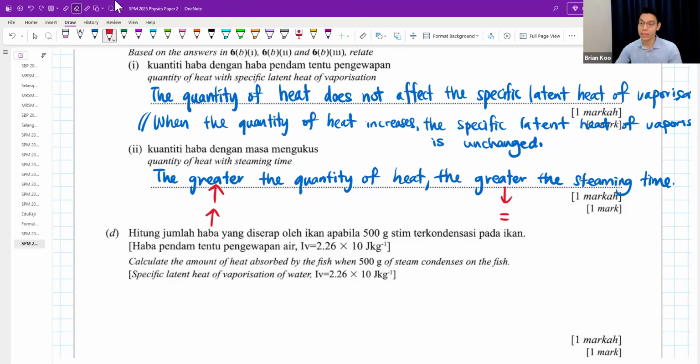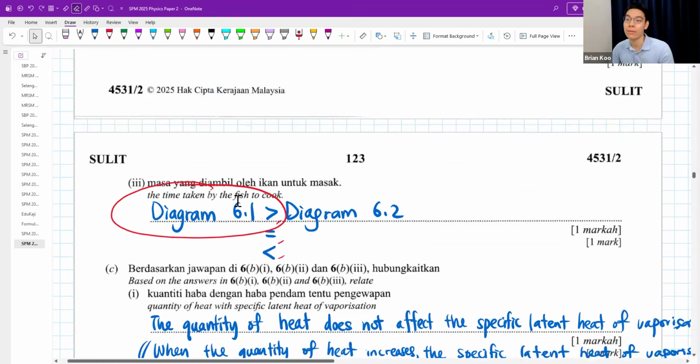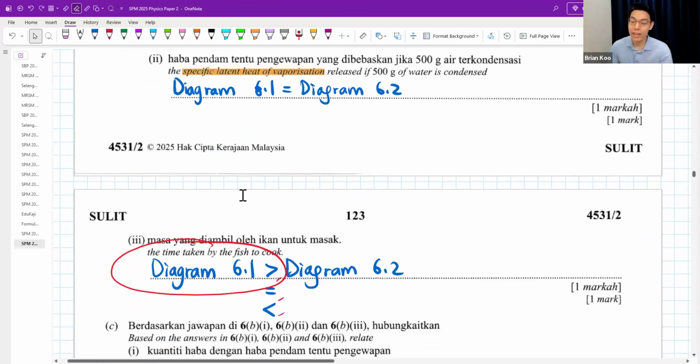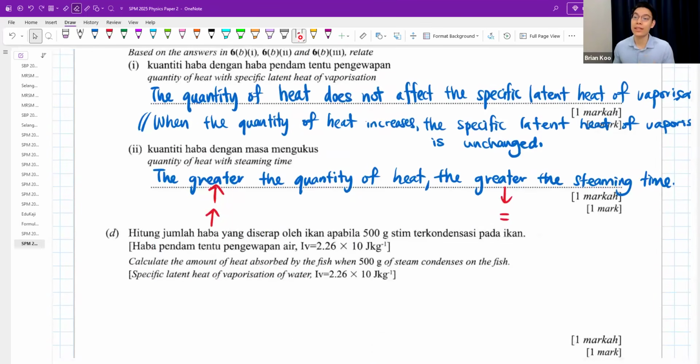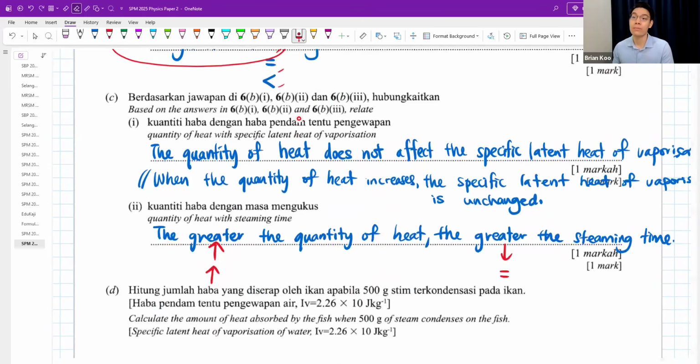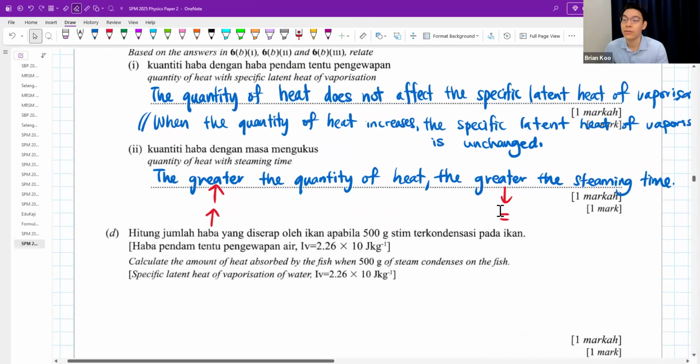Got 3 possible answers depending on what you wrote just now in part B3. Okay, so this question has a little error because even if you see this sentence, it doesn't really make sense. But because the question already says based on your answer here, so you just follow only. Okay, so there's a little problem with this question. A lot of students got stuck here, but you just follow only.